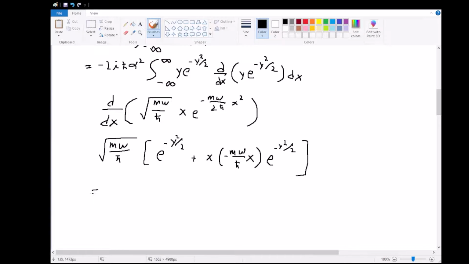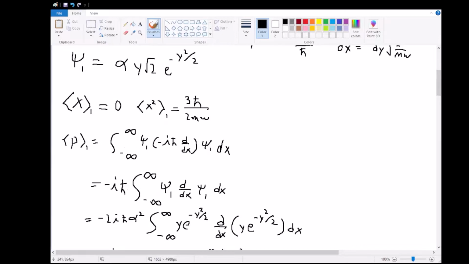So this is equal to e to the negative y squared over 2 times the square root of m omega over h bar multiplied by 1 minus m omega over h bar times x squared.